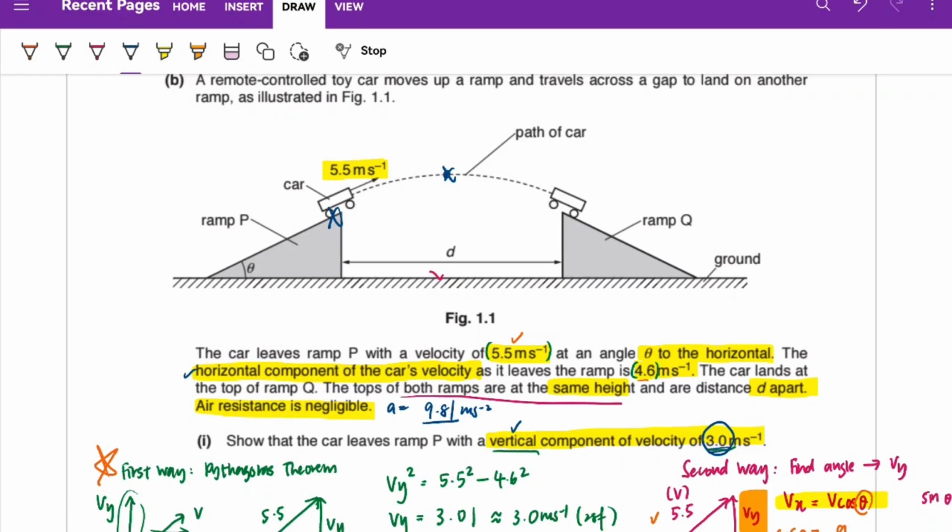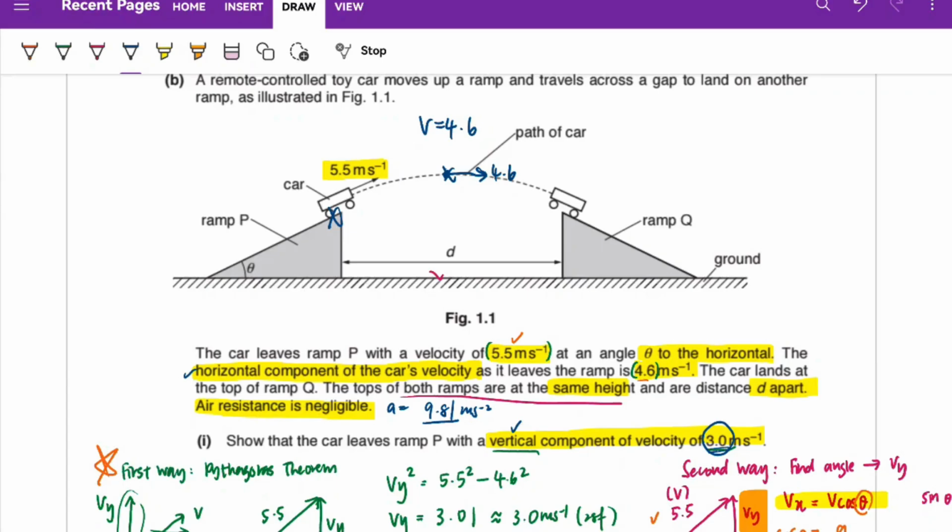What about your velocity at this point? You know you have no vertical velocity, but your horizontal is 4.6. So what will be your resultant velocity at this point? Since your vertical is 0, there's no vertical. Definitely your velocity here will also be 4.6 only, because there's only horizontal.